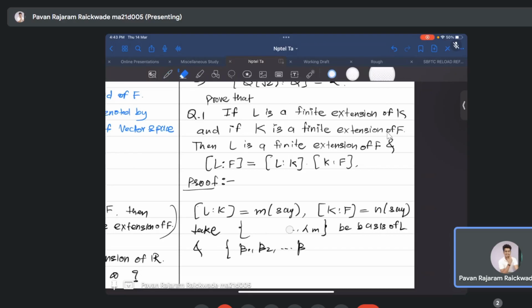We are taking it for vectors, so let's change: u1, u2 up to um, and then here I take, let's say, v1, v2, up to vn, be a basis of K over F. Okay, this is important. Here also it's a basis over K.